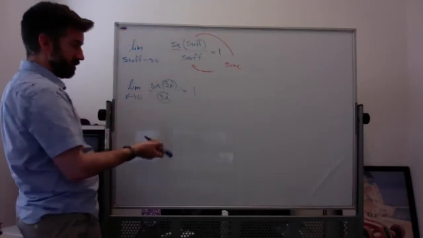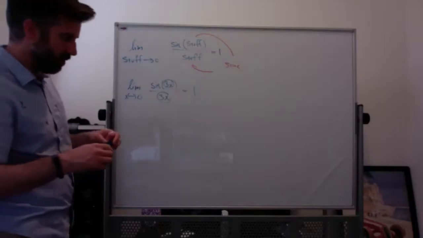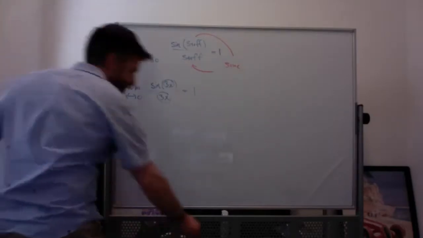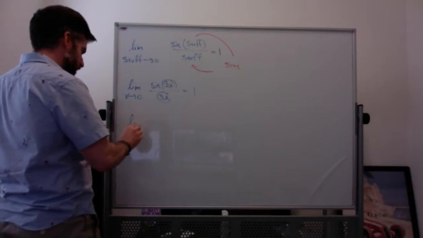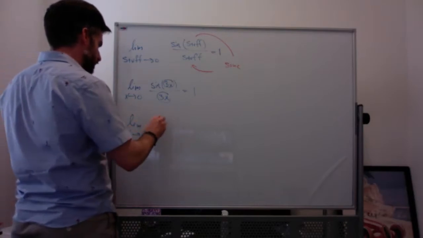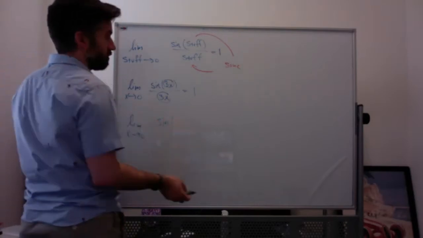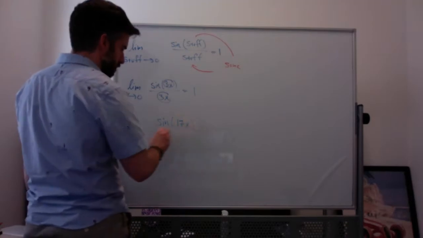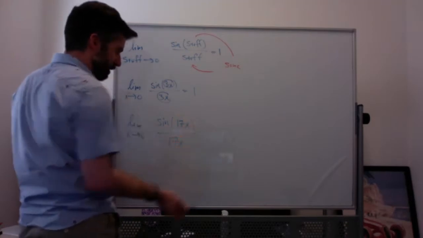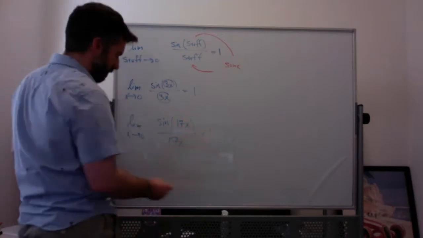So this limit's 1. And really, you could put anything in there you want. I could write the limit as x goes to 0 of sine of 17x over 17x. Not very exciting. Same idea. Still going to be 1.